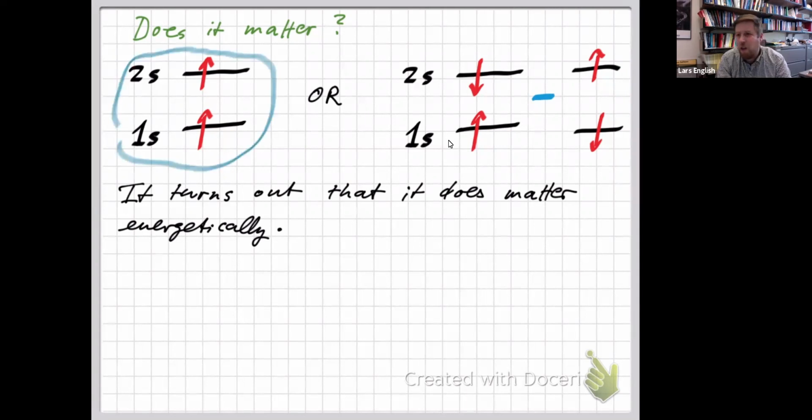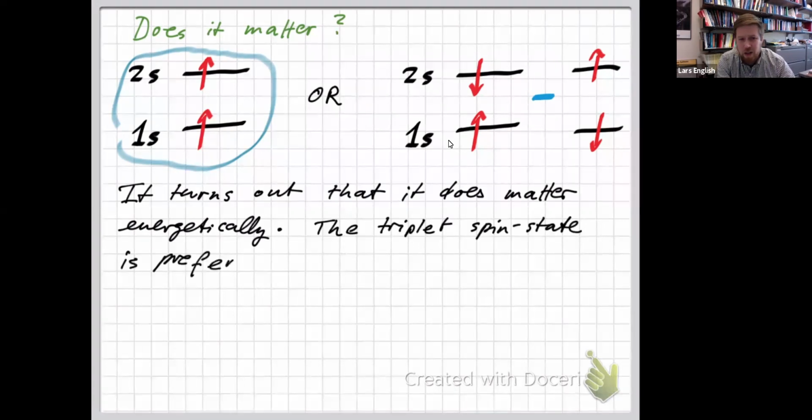And it's not even clear why that is, but just to give you the answer up front, the triplet state is going to be preferred. Okay, the triplet spin state is preferable, slightly, okay, not a huge energetic difference, but just a slight preference.